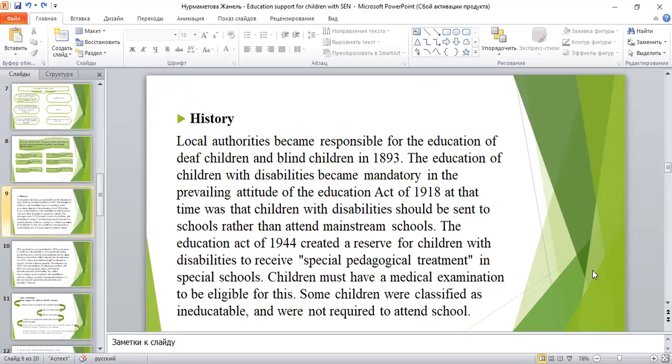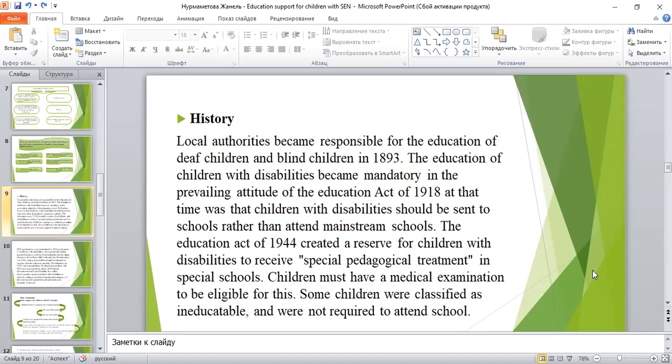Okay, now let me say some words about the history of special educational needs. As you see, local authorities became responsible for the education of deaf children and blind children in 1893.